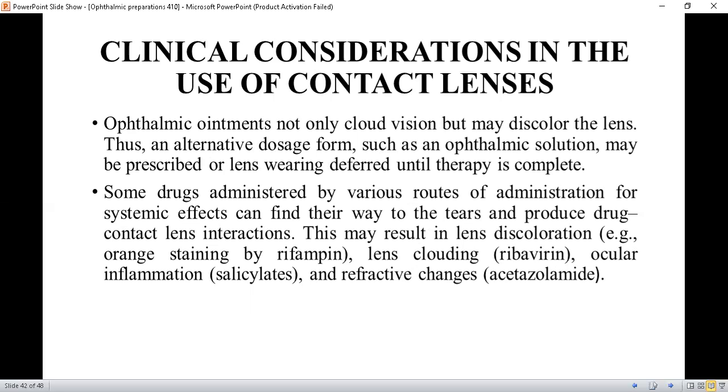Lens clouding: ribavirin, an antiviral, can also produce discoloration of the lens, ocular inflammation; salicylates, and refractive changes; acetazolamide. These are the drugs that interact with the lenses when they are used concomitantly.